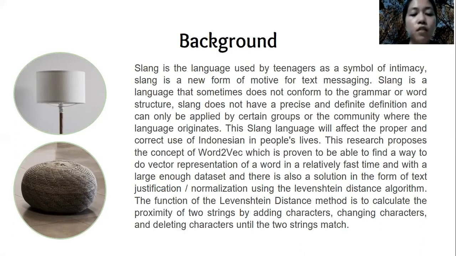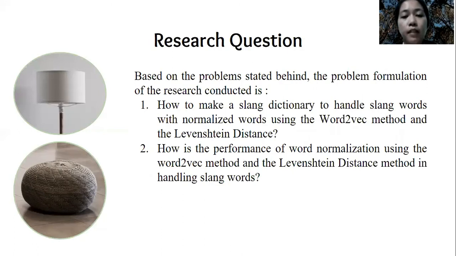The function of the Levenshtein distance method is to calculate the proximity of two strings by adding characters, changing characters, and deleting characters until the two strings match.